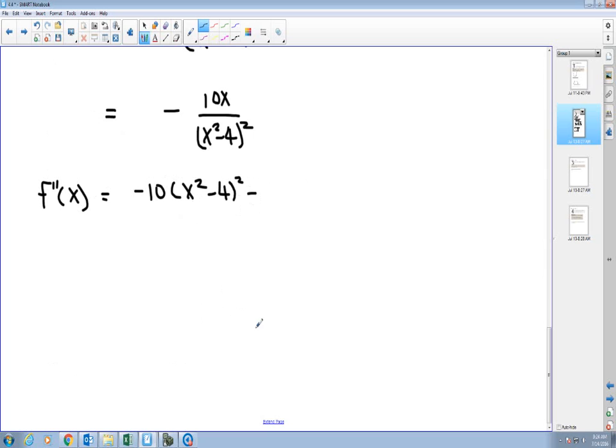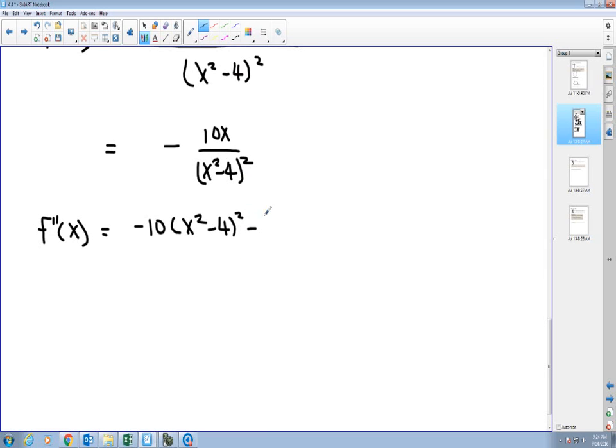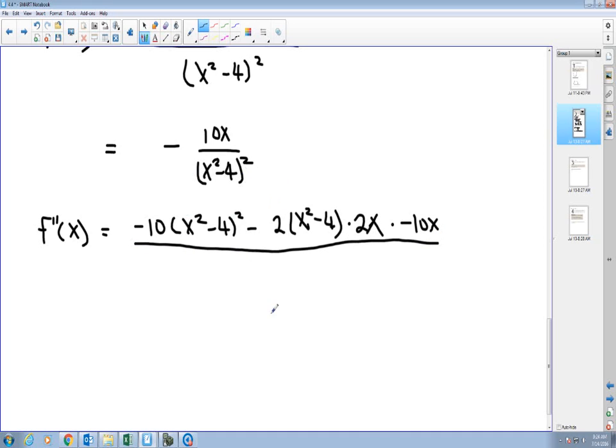My derivative of the bottom is a composite function, so derivative of the outside times the derivative of the inside, which is just 2x. So that's derivative of the bottom times the top, which is negative 10x. Whole thing over the bottom squared again.